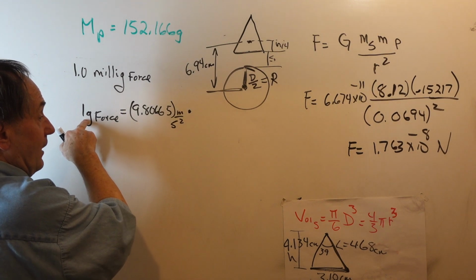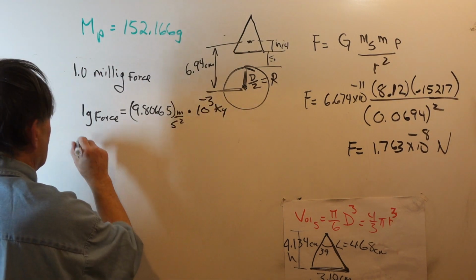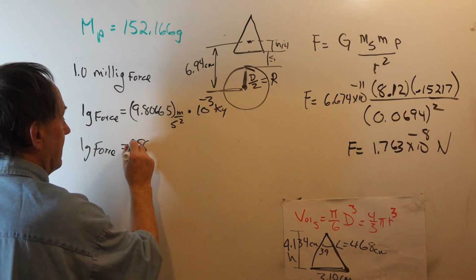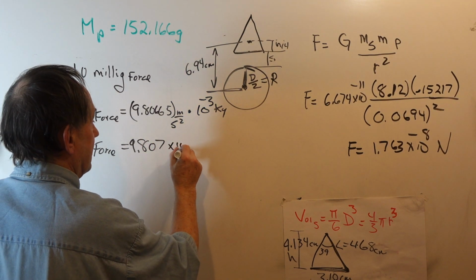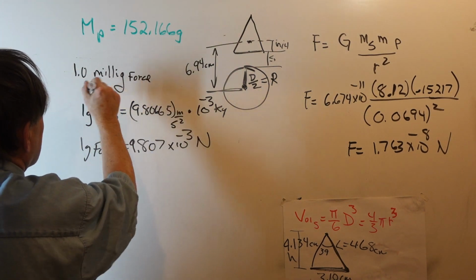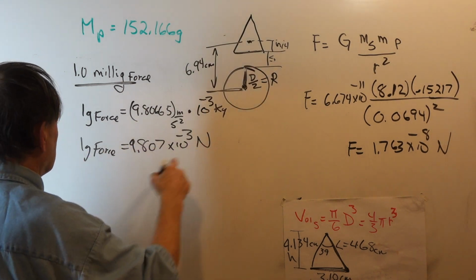The gram, 1 gram is 10 to the minus 3rd kilograms. So 1 gram force is 9.80, let's round it to 7, times 10 to the minus 3rd newtons. But the scale indicates 1,000th of a gram, so it's 1,000th less than this.